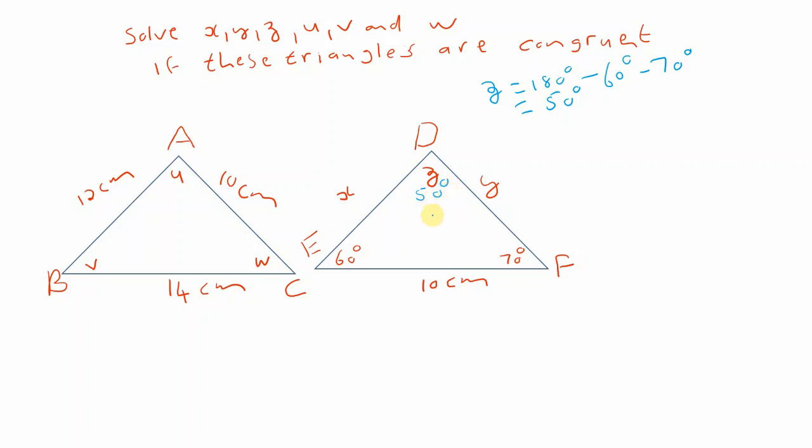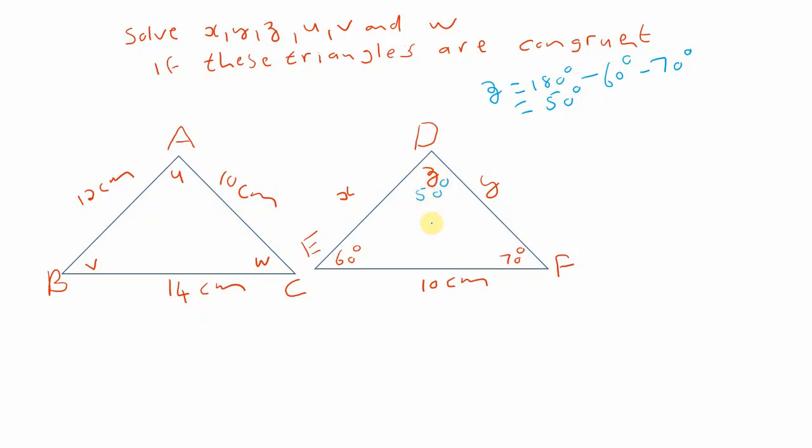Now, we know there's a direct relationship between the size of an angle and its lengths when we are dealing with triangles. We will get to that a bit later.